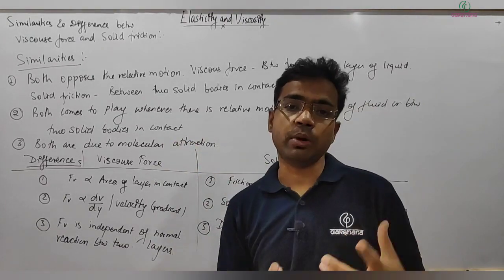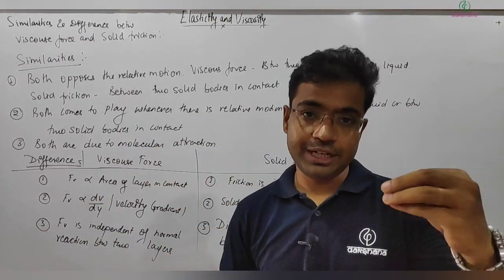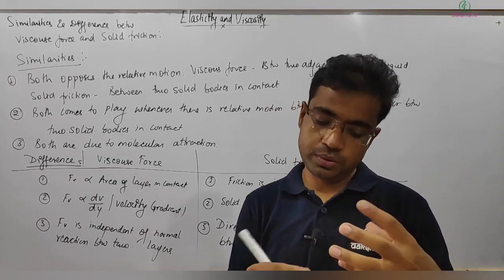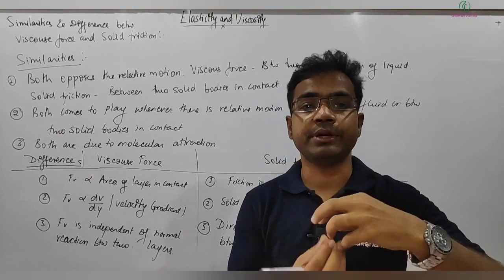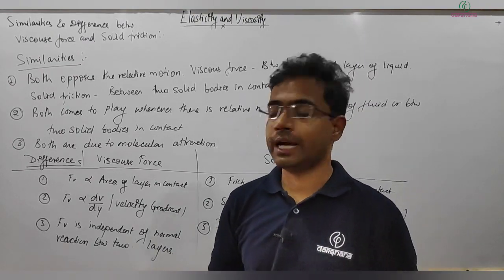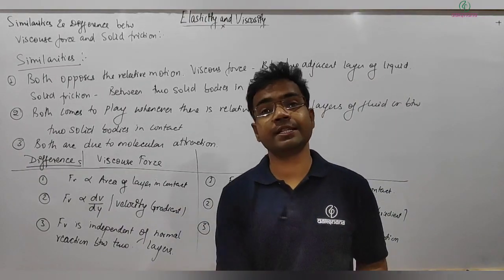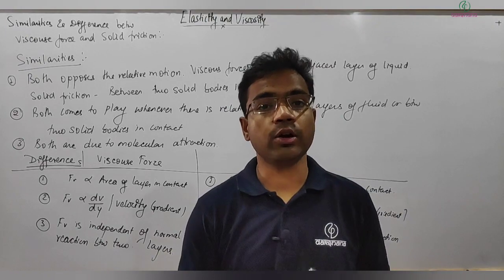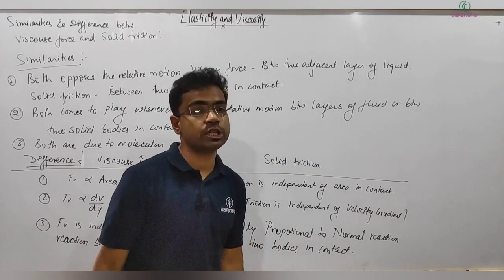Both are due to molecular attraction. I told you in case of liquid, it's because of cohesive force, and in solid also, one of the reasons for friction force is the attraction between the molecules. Now the differences: viscous force depends on the area of layer in contact, but friction force does not depend on the area of contact.